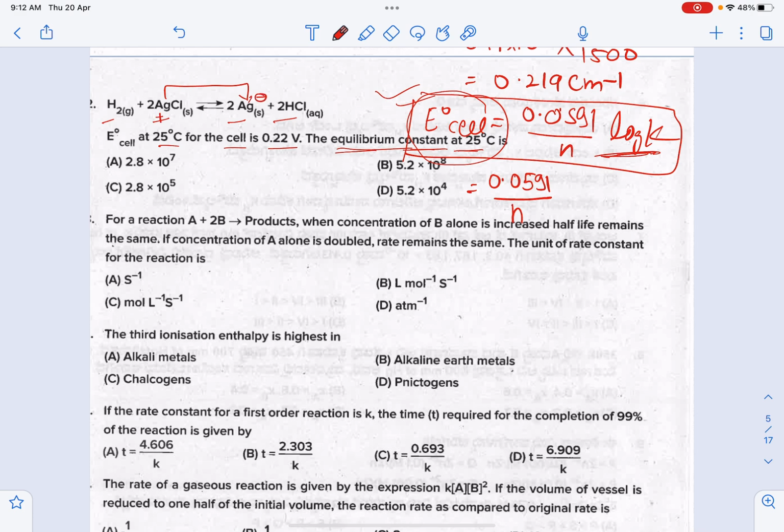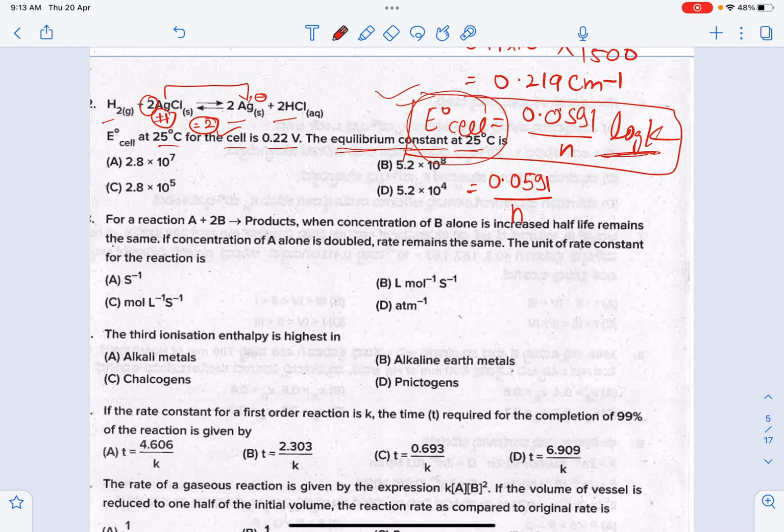Here the value is plus 1, and here it is 2 multiplied by 2, so the total number of electrons changed will be 2. This is the n factor, that means the total number of electrons interchanged is equal to 2.